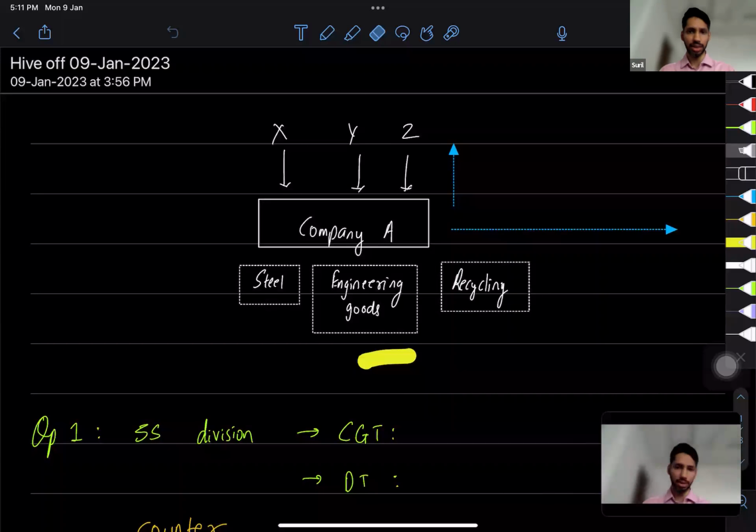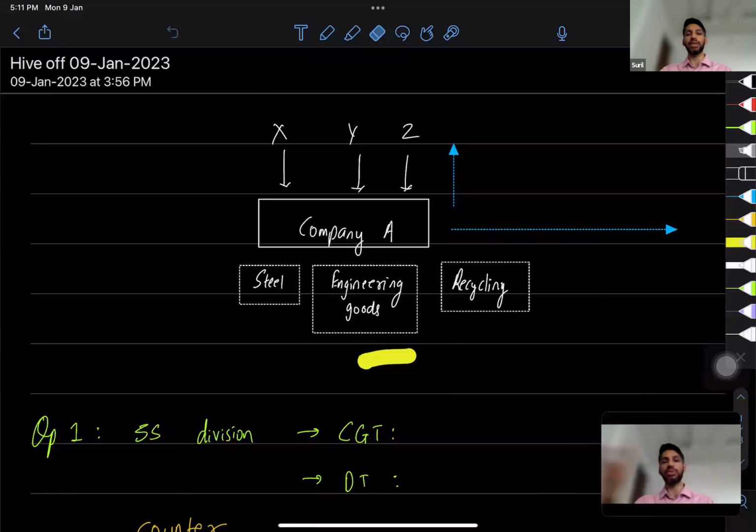Can anybody share some views on that? The intention is that company A wants to sell its engineering division to another company. You can mention in the chat box whatever your views are; you don't have to worry about getting it wrong. How can this sale happen?